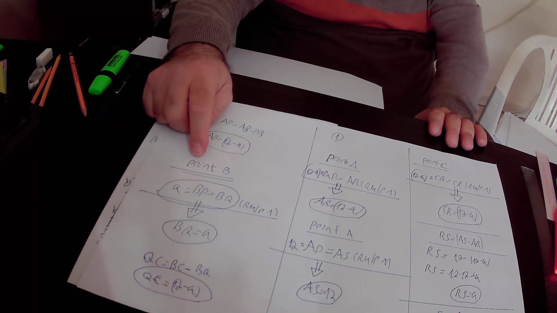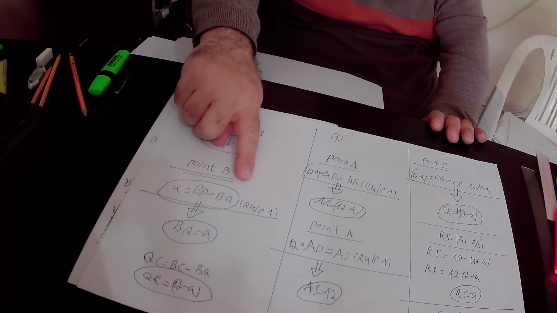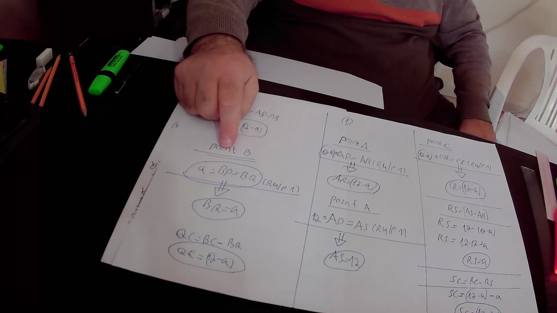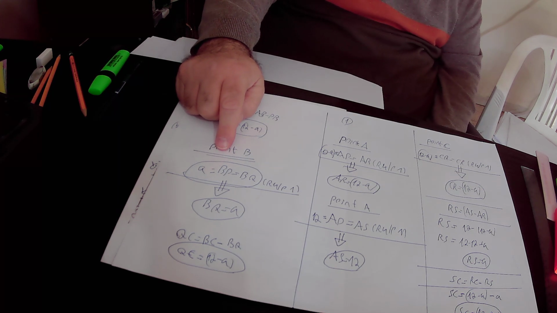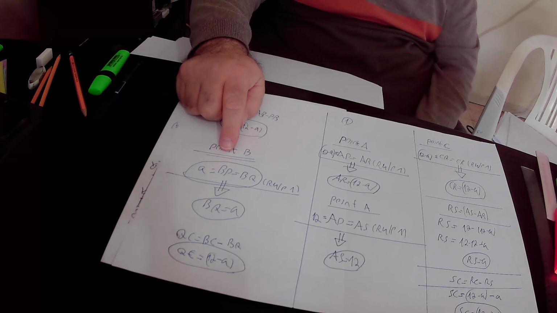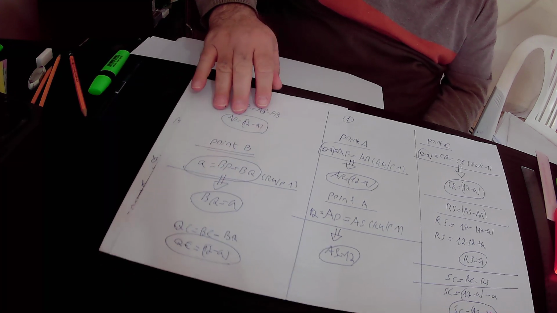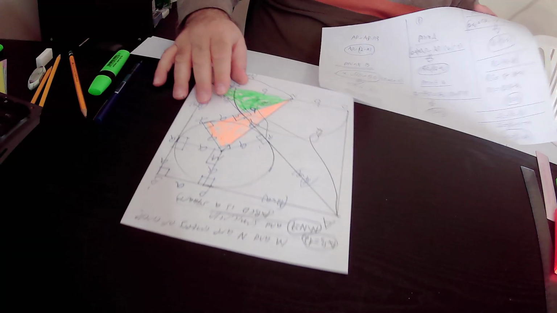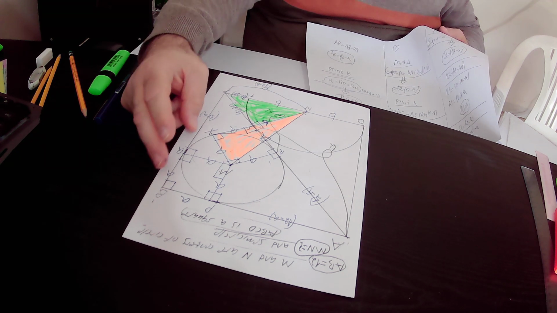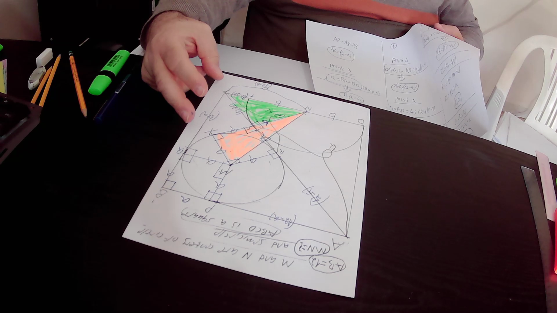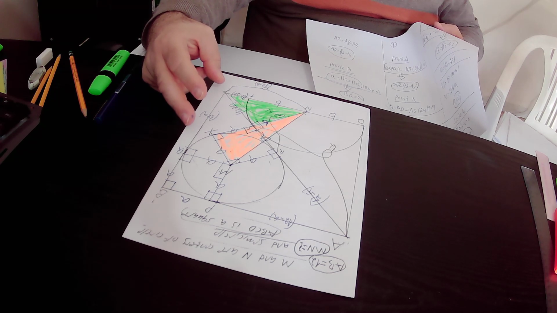Here, BP equals BQ according to rule number 1, but according to our definition, BP is equal to A. So from this equation, A equals BP equals BQ, we will derive that BQ is also equal to A. And what is the length of line segment QC?